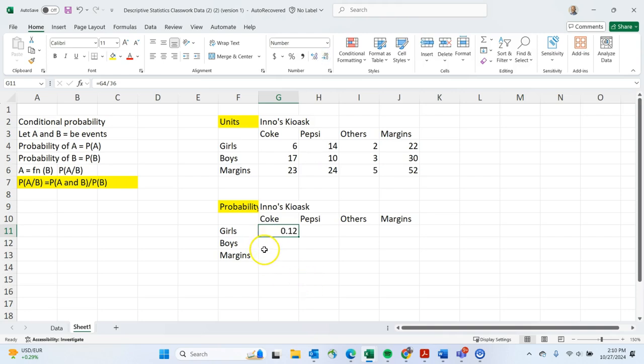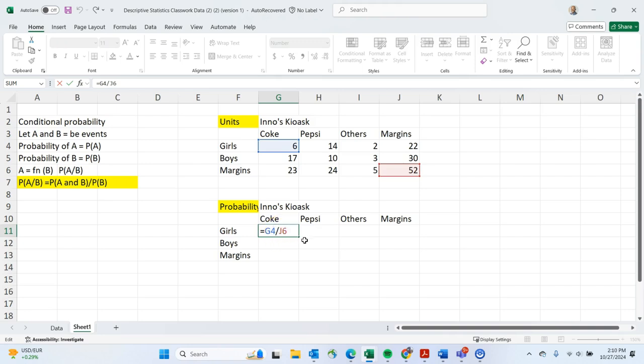Let me put it into decimal points. Let me double click here, and I'm going to lock down this 52 so that each value will be divided by 52, and that will give us the probability.